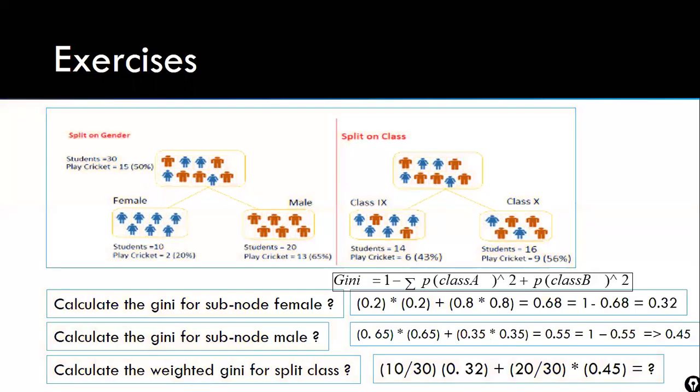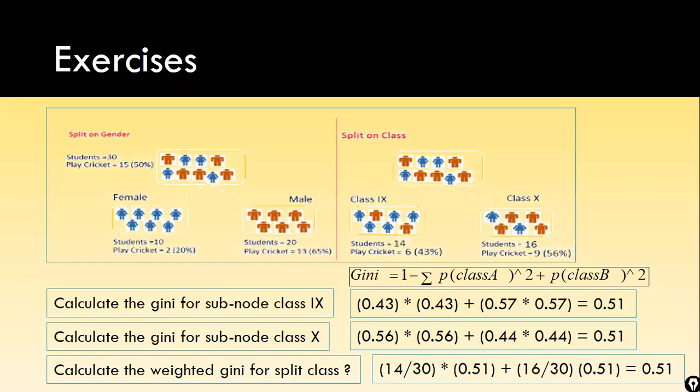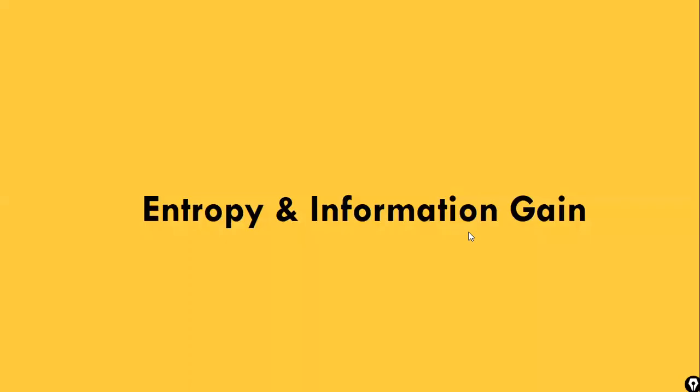So let's assume that in this case, this node will undergo the split firstly. That's how it decides which node should go first. Whichever node has the higher Gini value will undergo the split first. If the Gini value is 0, that means there is no impurity, so it doesn't require any split.